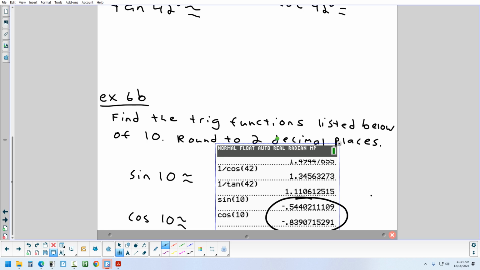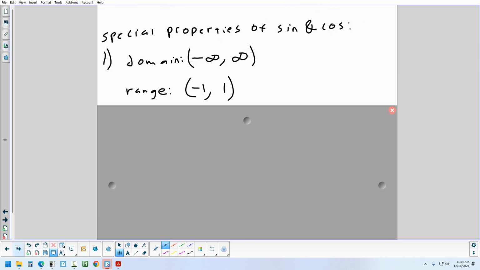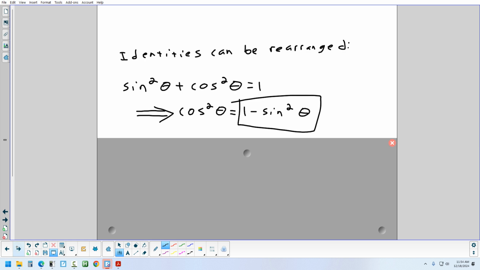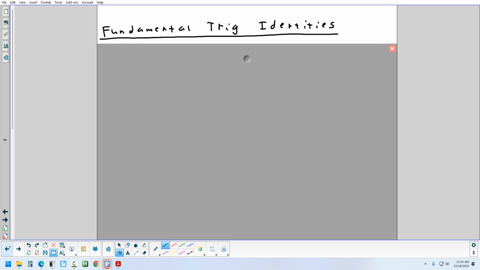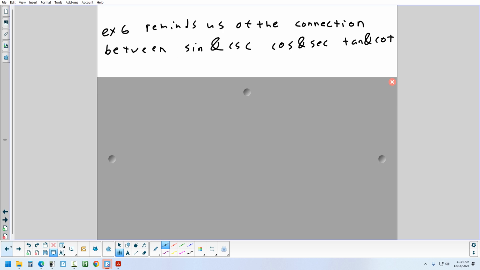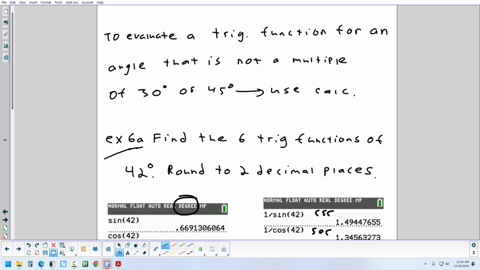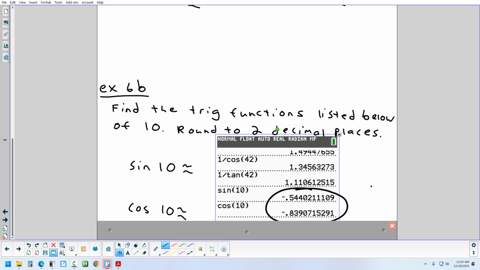The calculator is pretty straightforward. The most common thing that I see people get wrong is they forget how to do the secant, cosecant, and cotangent. Okay, so yeah, there's a lot of things I'm skipping. Okay, so we're good with that.